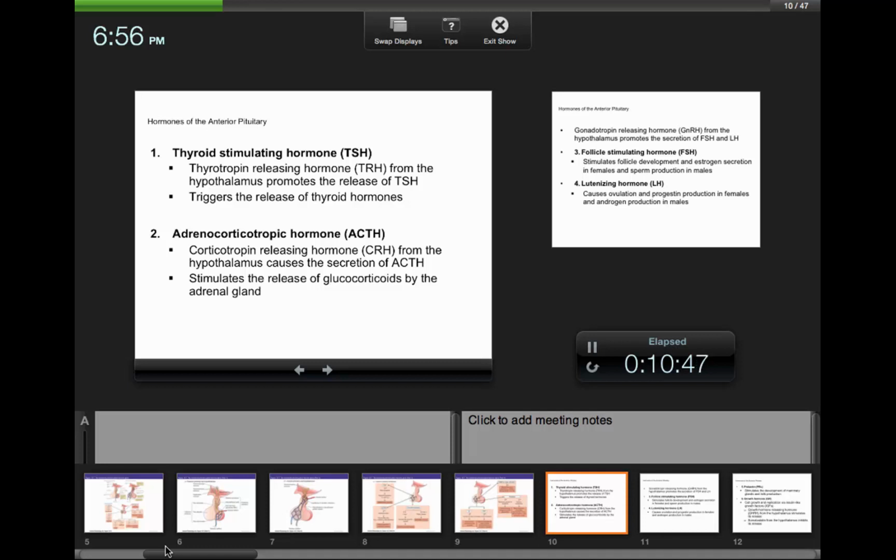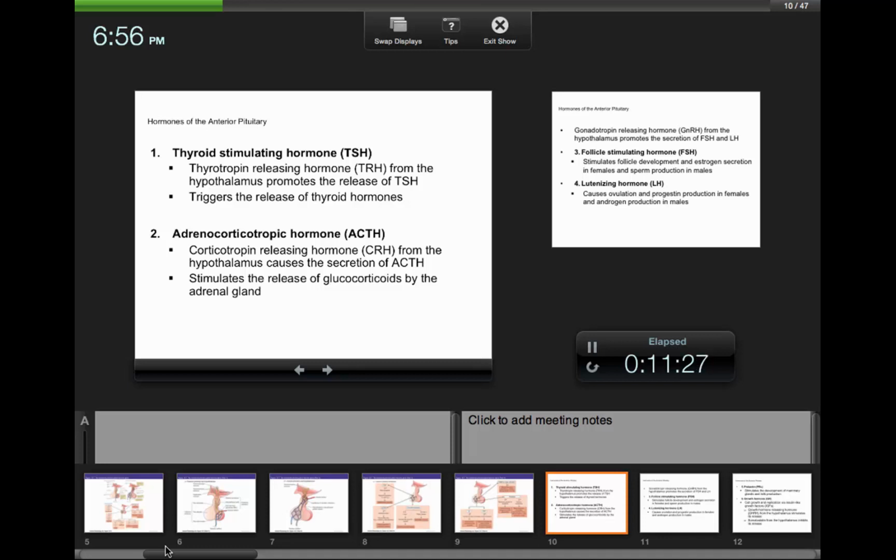And this is in the anterior pituitary. And LH, which is luteinizing hormone. Can anybody tell me if I spelled that right? It's kind of a weird spelling. Luteinizing hormone. Okay, so the target organ for males and females are going to be different.